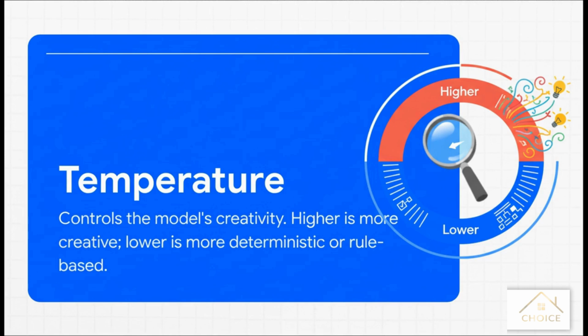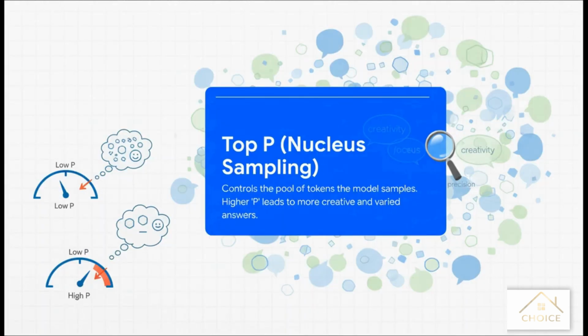If you need it to just stick to the facts and give you precise information, you turn it down for a more predictable output. Top P is another setting that works hand in hand with temperature. Simply put, it controls the range of words the AI gets to choose from. A higher top P gives the AI more options, which leads to more creative and varied language, while a lower value keeps its responses more focused.